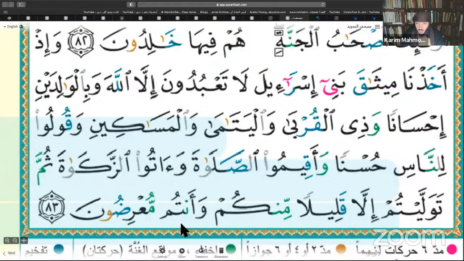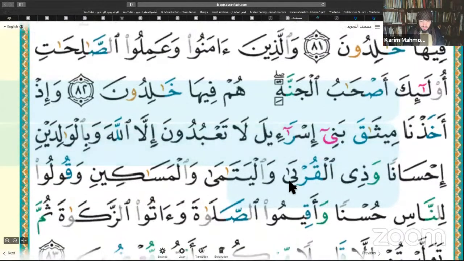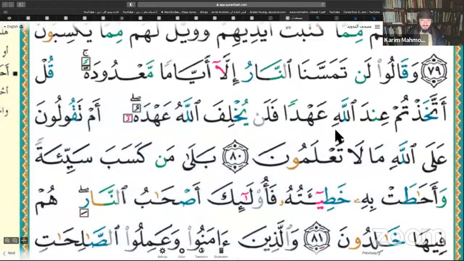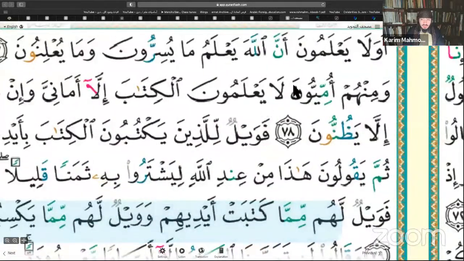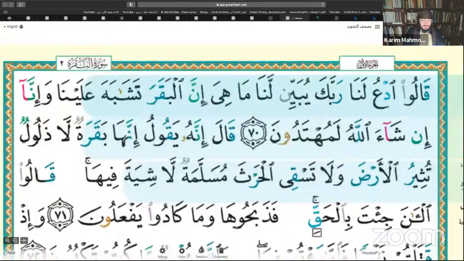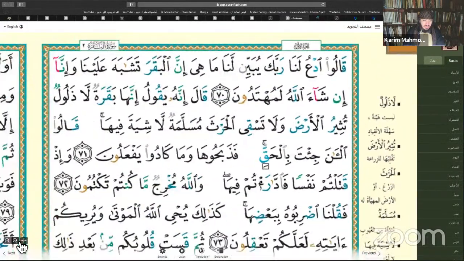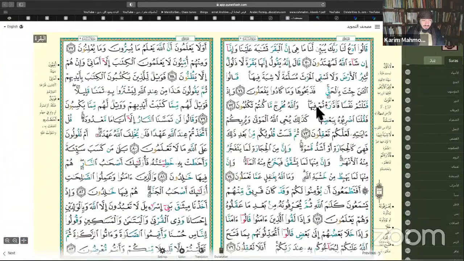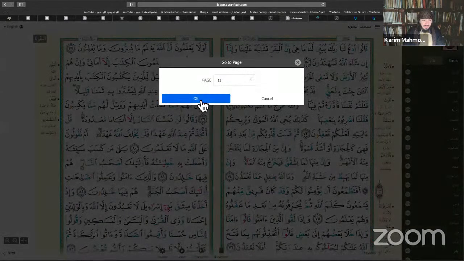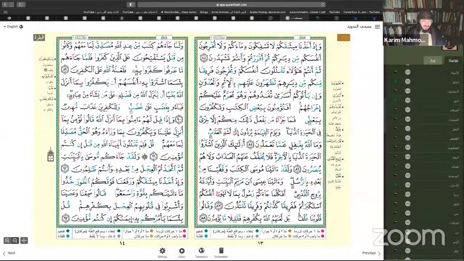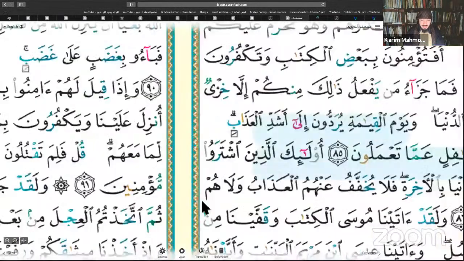Okay. Cool. All right. Here we go. Did we read this ayah? We didn't read this ayah, right? We're on the last one. Never believe Amira. Don't believe her. Okay, new ayah.